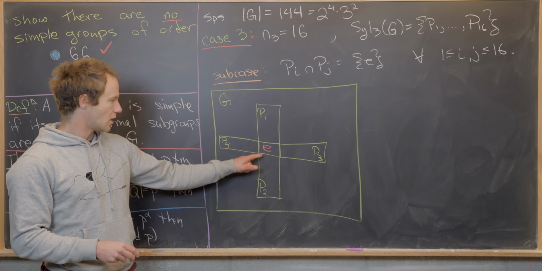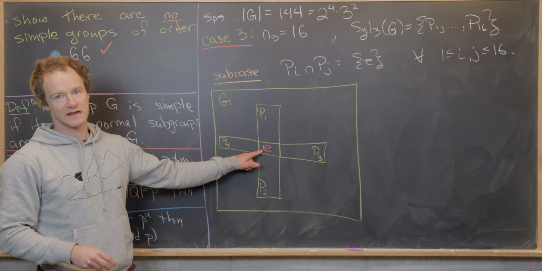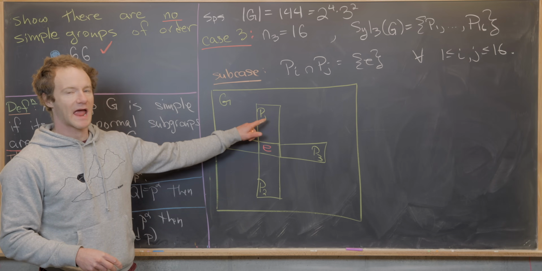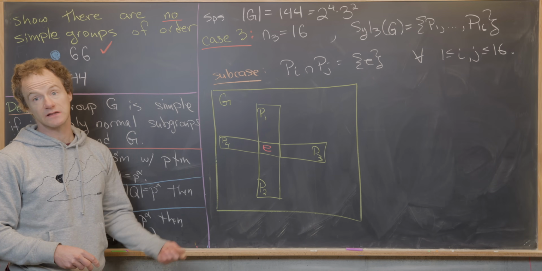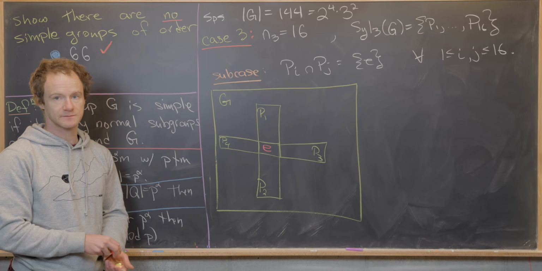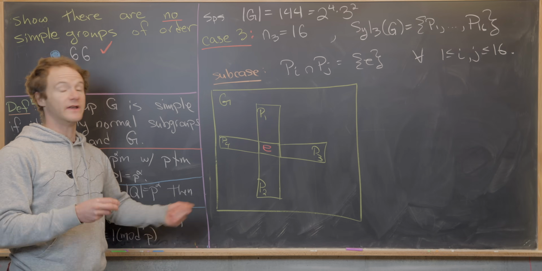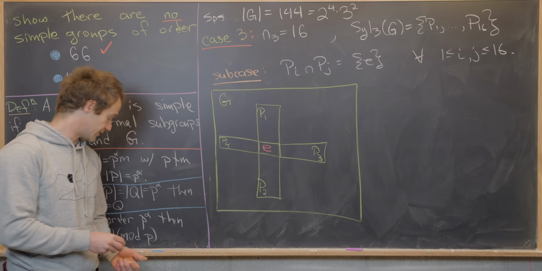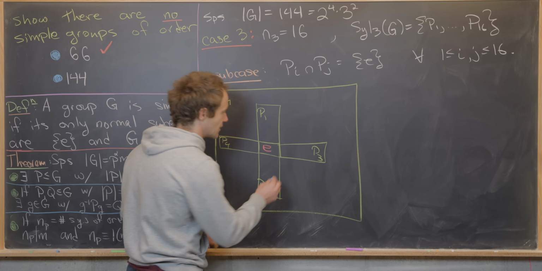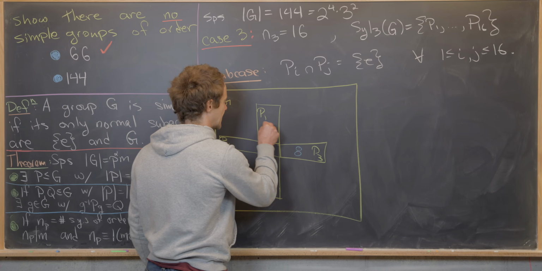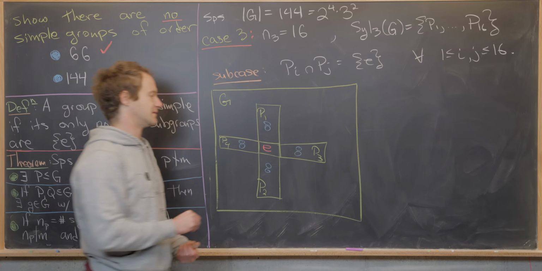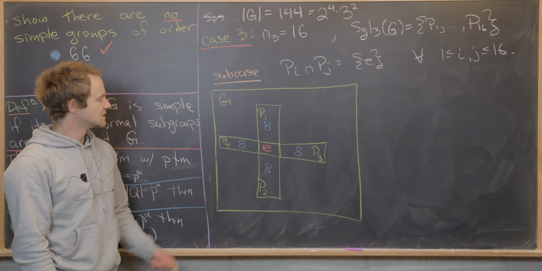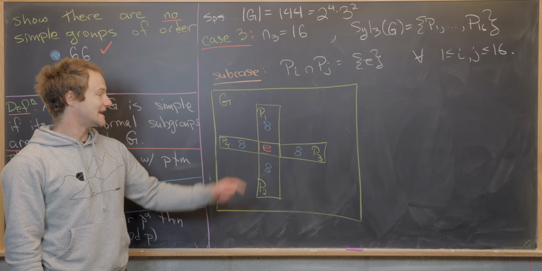Okay, so if these are only intersecting in the identity, then that means there are 8 elements in each of these Sylow 3 subgroups that are not in any of the others. So let's maybe write that here. We've got 8 elements here, 8 elements in here, 8 elements in here, and 8 elements in here. But there are 16 total groups.